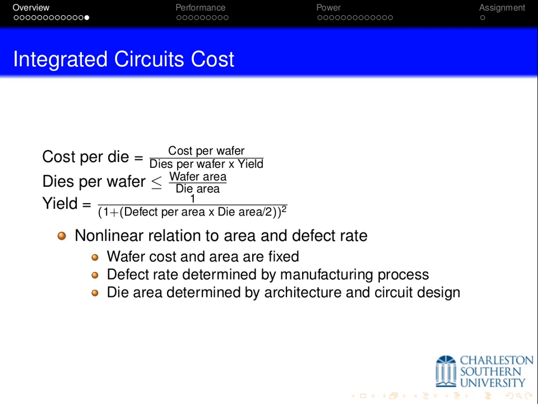Oh, you already added the one. Squared. And then 1 divided by that, what does that get you? The yield. Good answer. Hold on. 1 divided by.